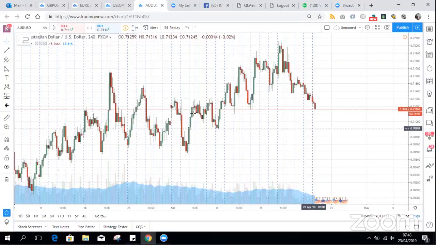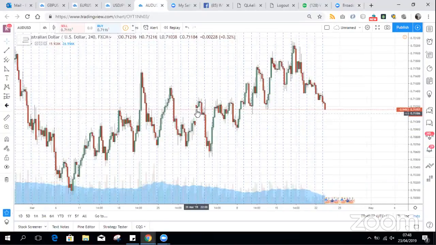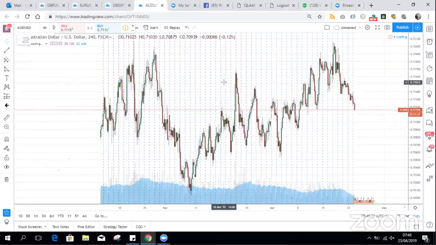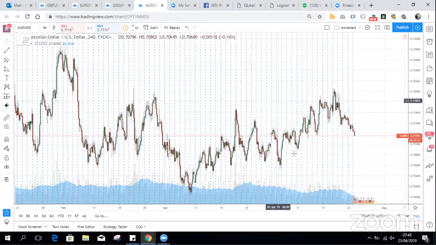This can either reject here or free fall. Too small, 20 pips. Nothing good here. We had a break here, a retest. We're on the downward now, but we need to find some nice reasons to get in. Nothing to look at.